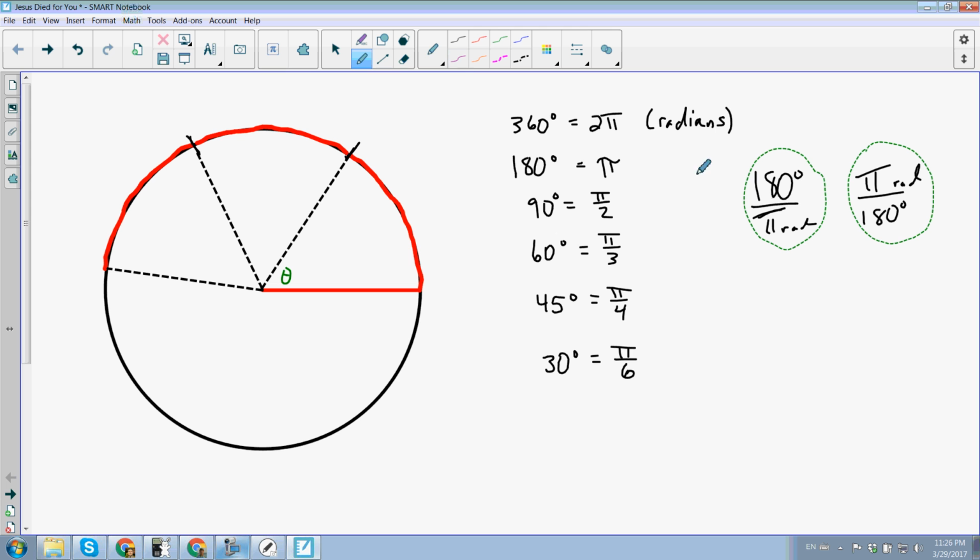Because the numerator and the denominator are equal, both of those ratios equal 1.